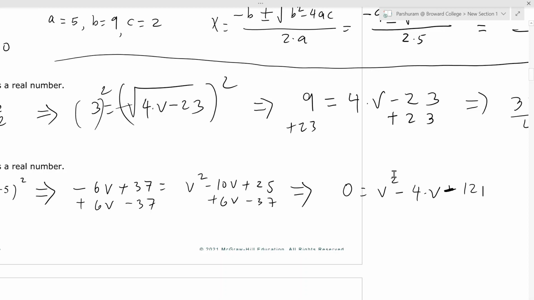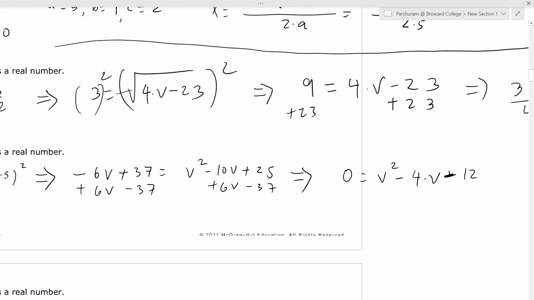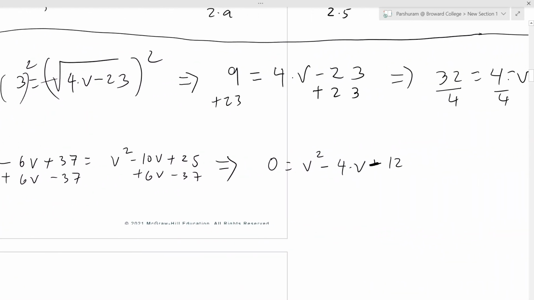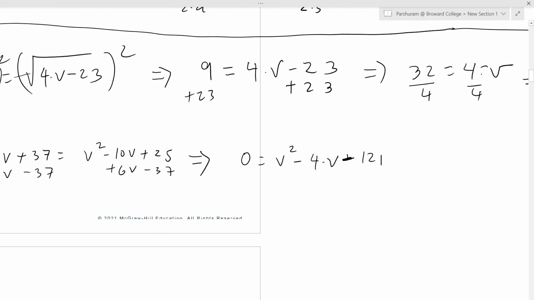So now we need to solve this quadratic equation. There are different ways we can use to solve this quadratic equation. We might use completing the square and then the square root property. We might use the quadratic formula, but I'm going to use factoring, if it's possible.